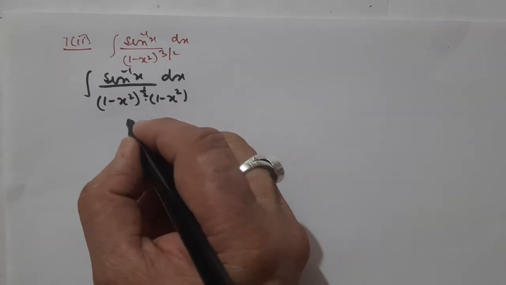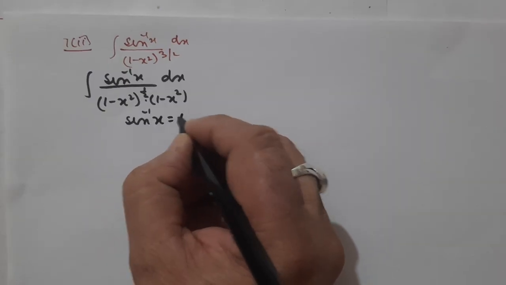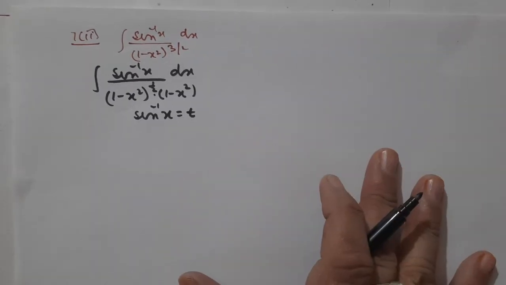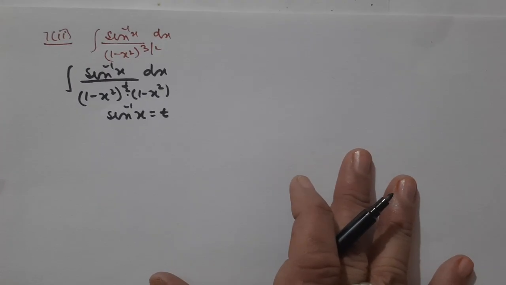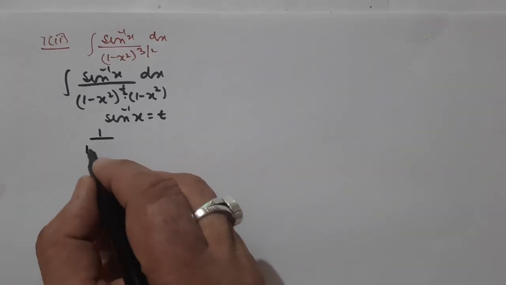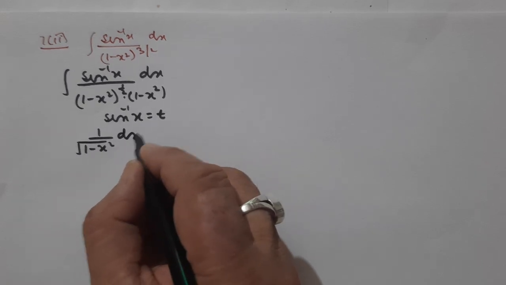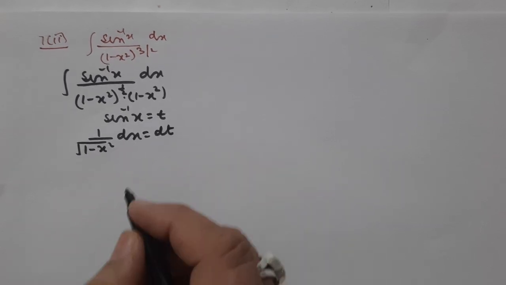So first of all, we put sin inverse x equal to t. On differentiating, 1 upon under root 1 minus x square dx equal to dt.